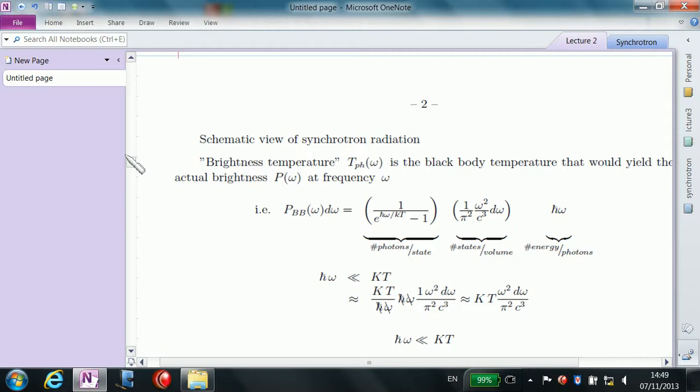So synchrotron emission, what I derived was 2/3 a squared e squared over c cubed. That's when there's nothing else there. And you're accelerating the electron, but in a vacuum. So there are no other photons.